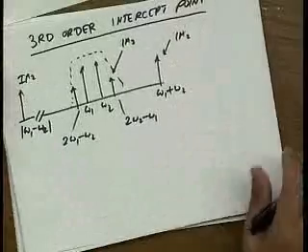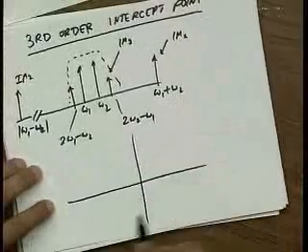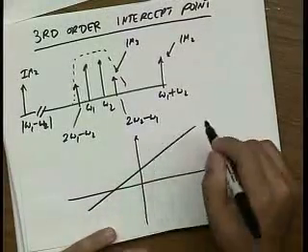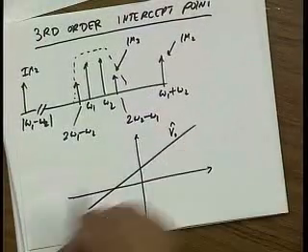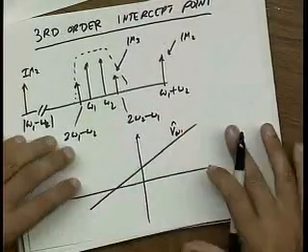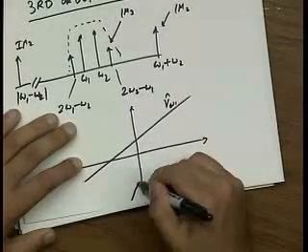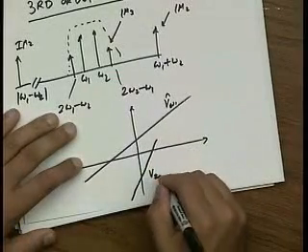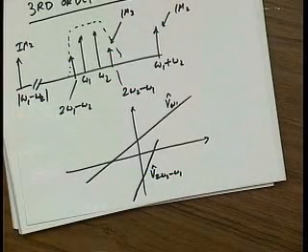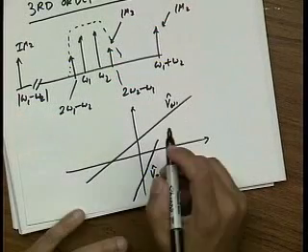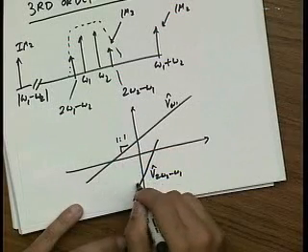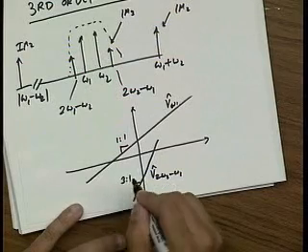Now if I do the same thing that I did graphically, I can again make a plot of my fundamental output. This is VO omega 1. And then I can make a plot of V, let's say 2 omega 2 minus omega 1. This is the amplitude of the third order. And now you'll notice that if the slope here is 1 to 1, the slope here is going to be 3 to 1.